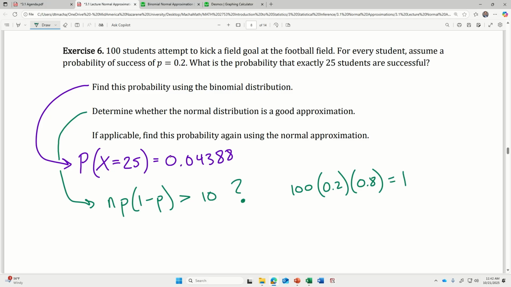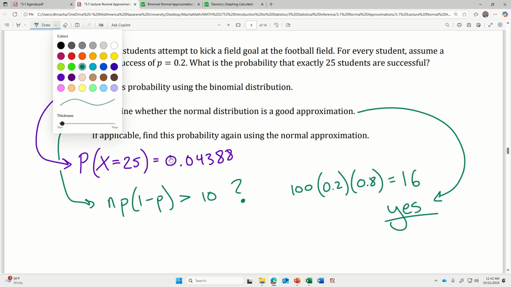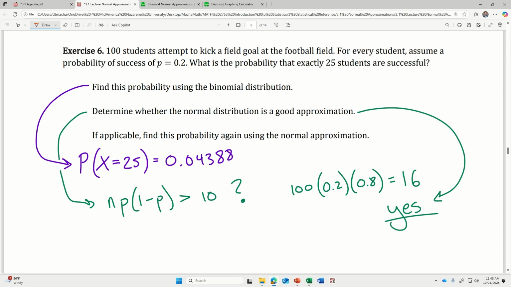I got 16. 16 is larger than 10. So the answer is yes. A normal distribution will be an adequate approximation this time.